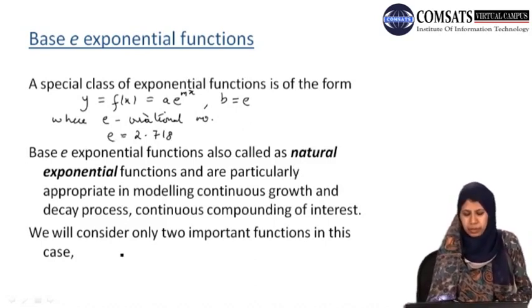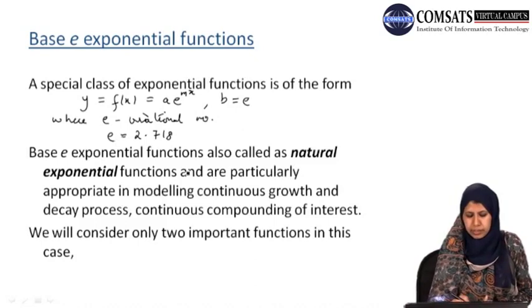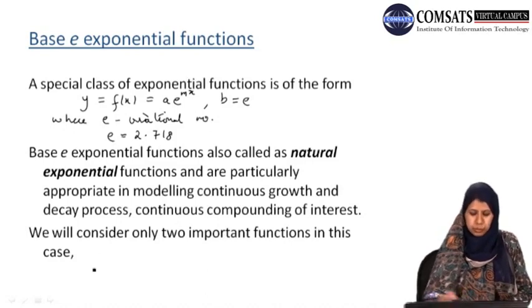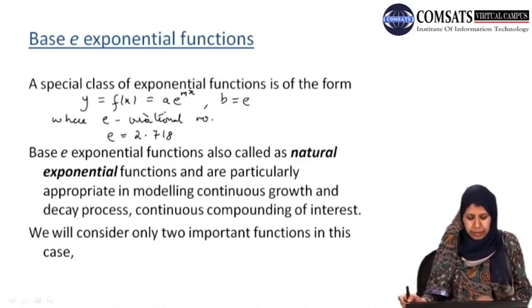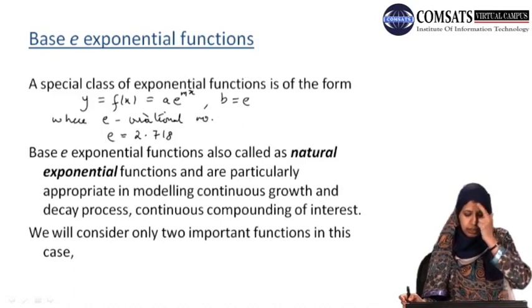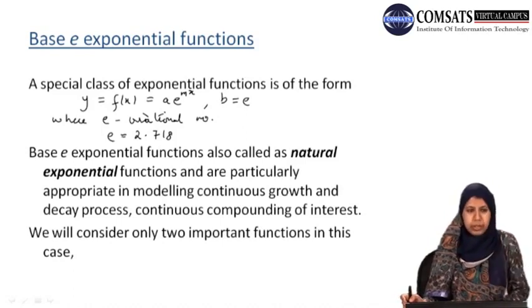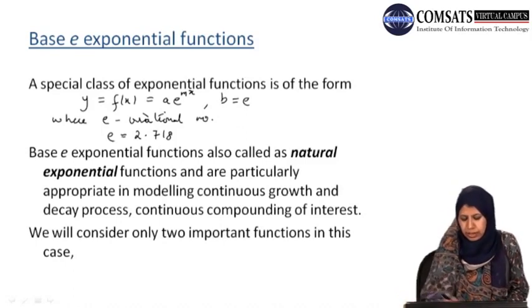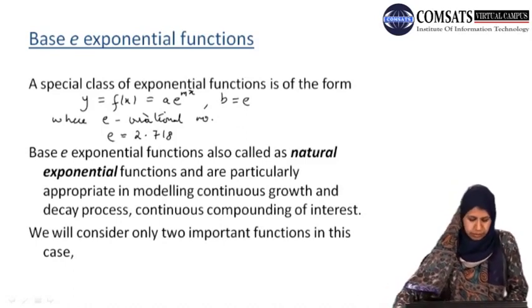So what happens when we replace our b by a special number e, which is an irrational number with the value 2.718? Base e exponential functions are also called natural exponential functions and are particularly appropriate in modeling continuous growth and decay processes and continuous compounding of interest.